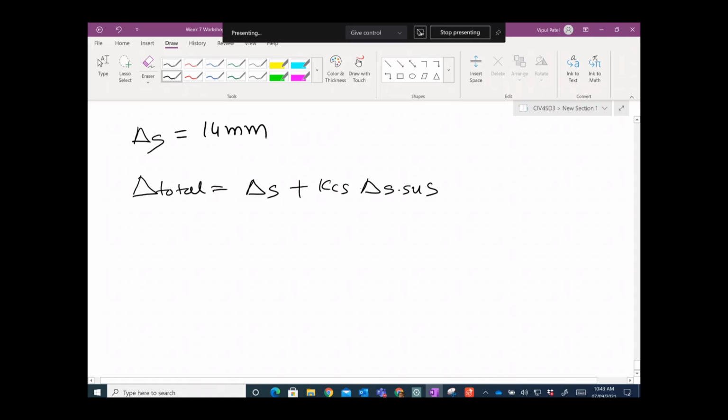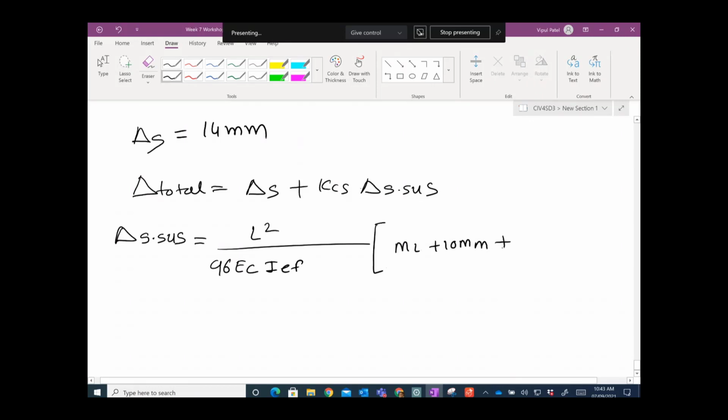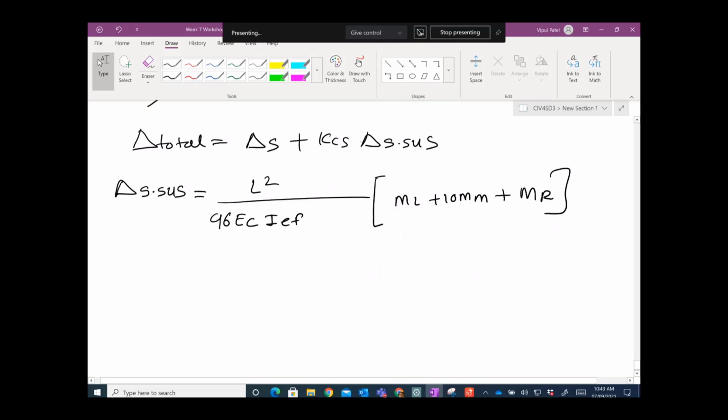So this is delta s. Now to calculate delta sustain, it is again L square over 96 EC I effective times M left side 10 mm plus mr. Now in that case we can just calculate this delta sustain.